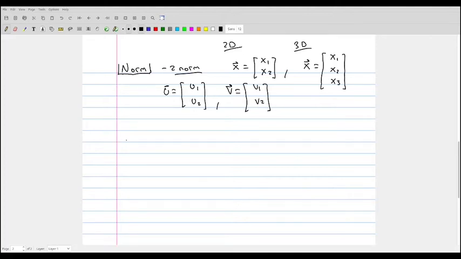For any vector, the 2 norm is just the square root of each component squared, added together. You'll remember this is the same thing as the square root of the dot product between a vector and itself.